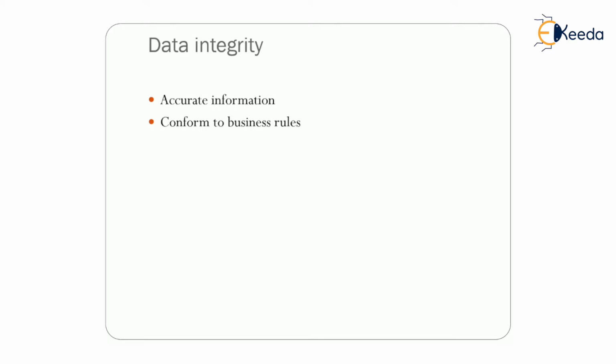We know that integrity means accuracy. So, the strategic information should be accurate and it should conform to the business rules, or the strategic information should be stored as per the business rules or some standard rules.